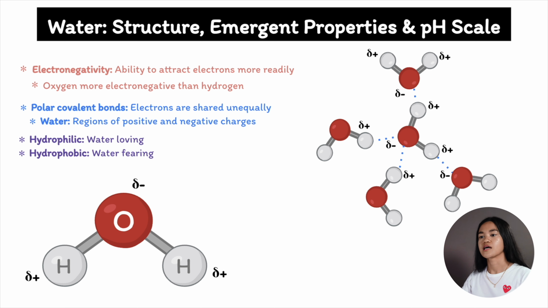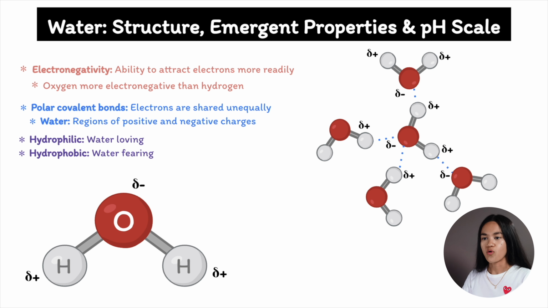So they orient themselves to minimize their contact with water. They're scared of water and they just want to be left alone. Okay? An example of this is oil and water. Oil molecules are hydrophobic, so when they're mixed with water, the oil molecules will arrange themselves into droplets to avoid contact with water, minimizing the oil-water interface.